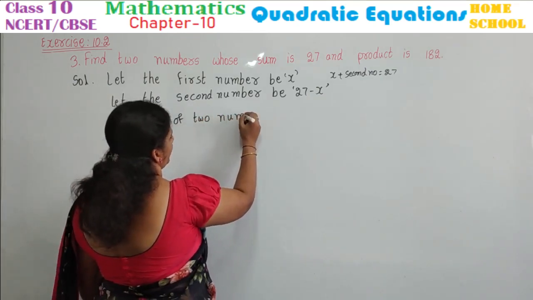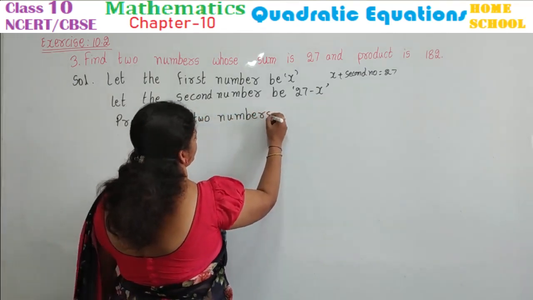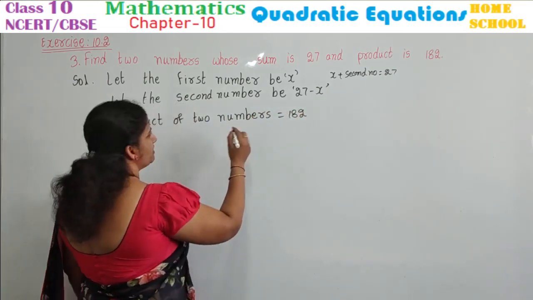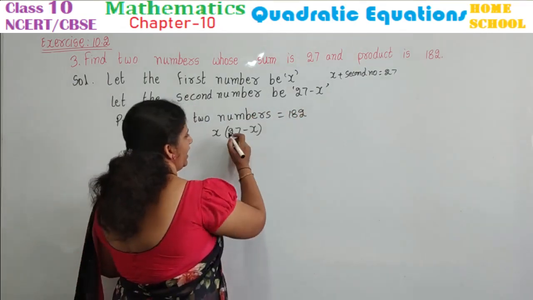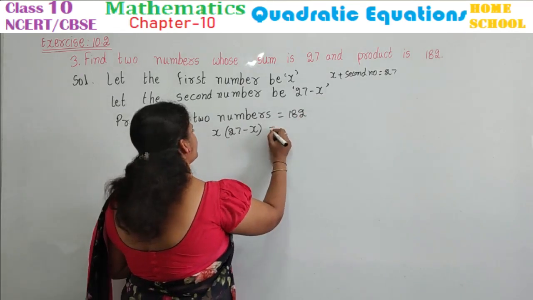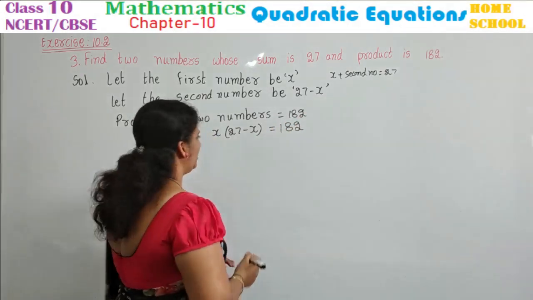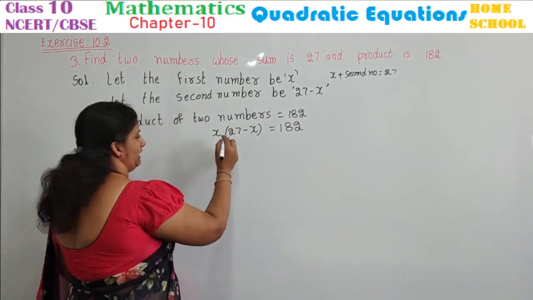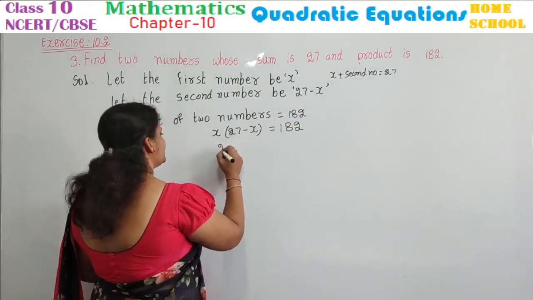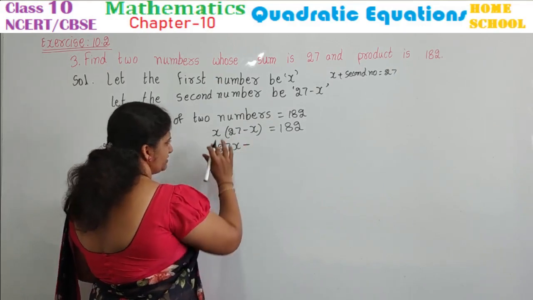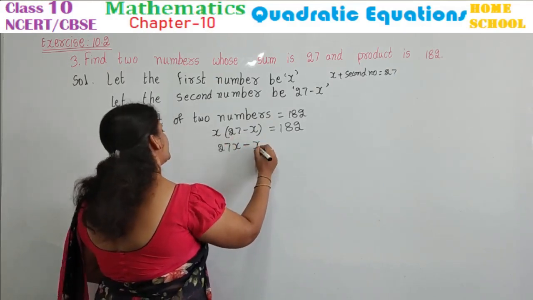Product of two numbers is equal to 182. What is the product of the two numbers, children? x into 27 minus x is equal to 182. Multiply these two, product means multiply. x into 27 is 27x, and minus x into x is minus x square.